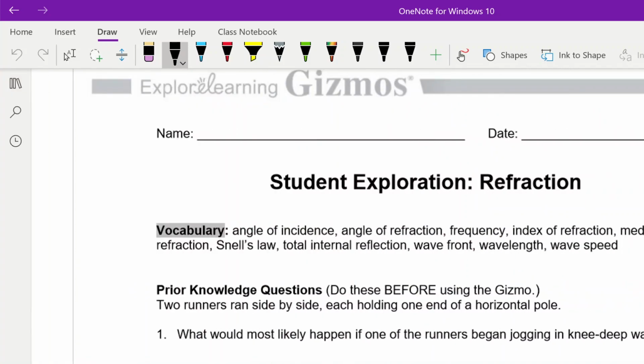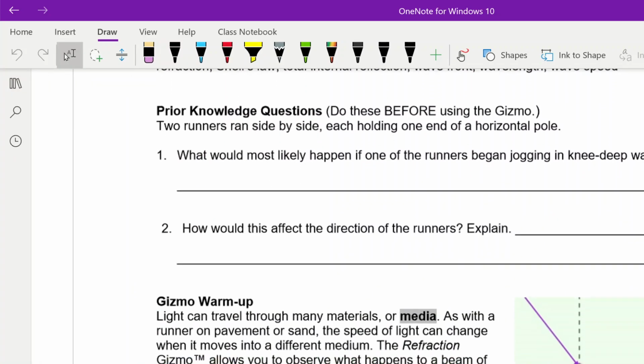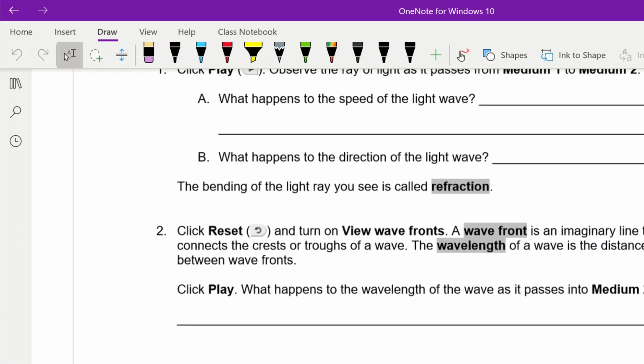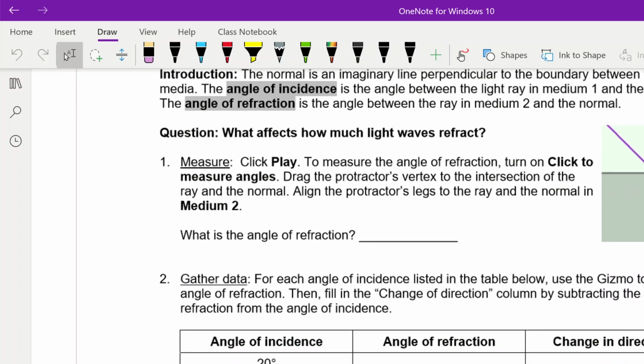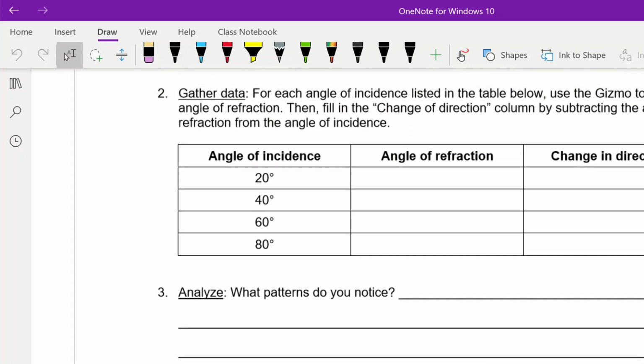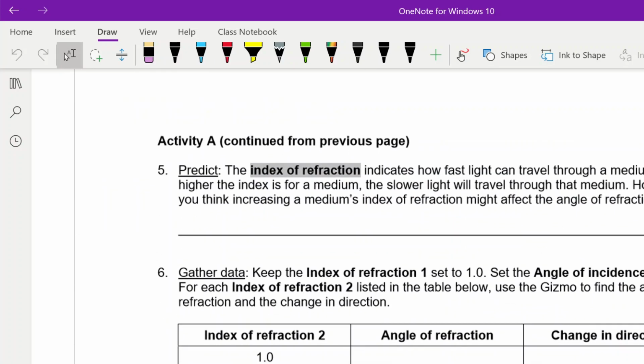I highly suggest you print it out. Now I'm going to tell you, if you want to do this, follow the instructions here on the gizmo, please. Okay, if you're having issues with it, I'll quickly show you here before we go.